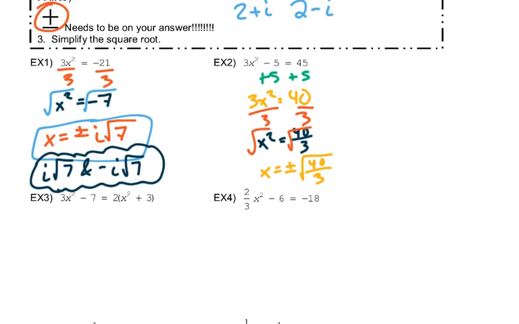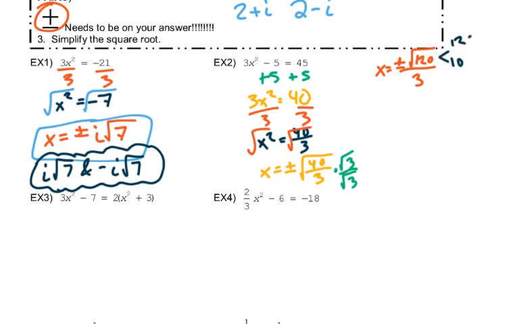Before we can call this an answer, we need to get rid of that square root in the bottom. We do that by multiplying by the square root of 3 on the top and bottom. So we'll get x equals plus or minus the square root of 120 over 3. Then we'll try to simplify that 120.